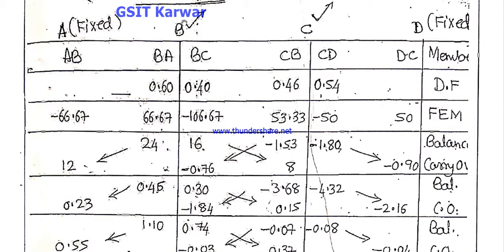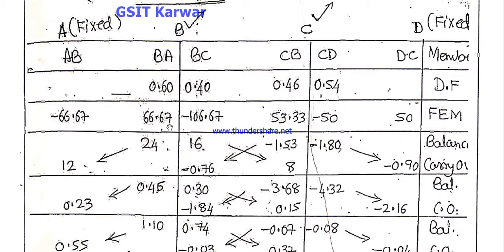Once you take joint B, you should take just these joint B moments, these two moments. For calculating joint C, you can take these two moments. Like that.